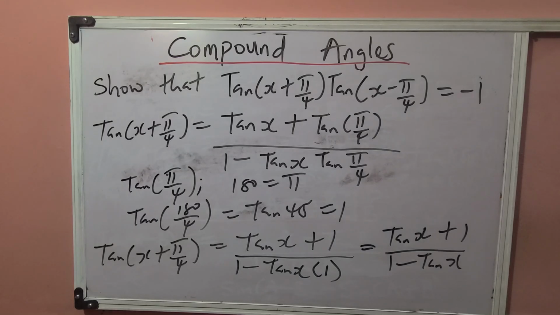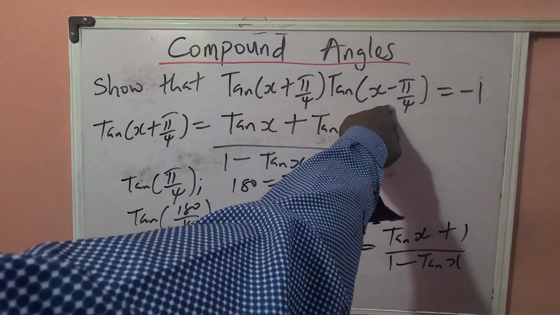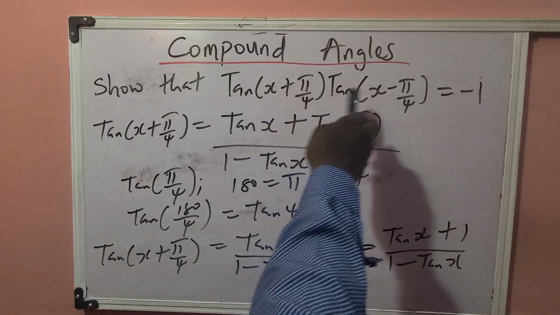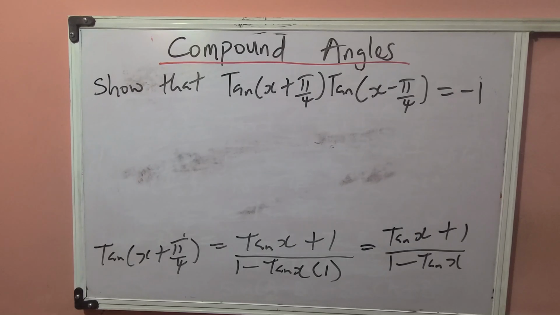We have solved for tangent of x plus pi over 4. So we have to do the same for this, and then we'll multiply the two answers together, and let's see if we're going to arrive at what we're told we're going to arrive at. We're supposed to show that the multiplication of those two gives us minus 1.